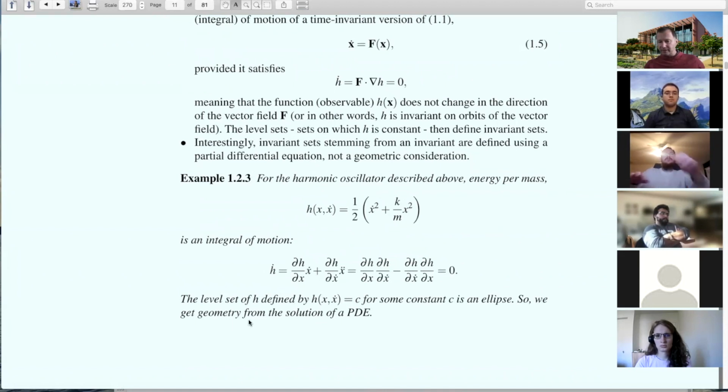So get what the trajectory looks like from the solution of a partial differential equation. Now, here is what you might be thinking. Well, didn't you just make the problem harder because you asked me to solve a partial differential equation when I started with ordinary differential equations? To some extent, yes, but the benefit is large.